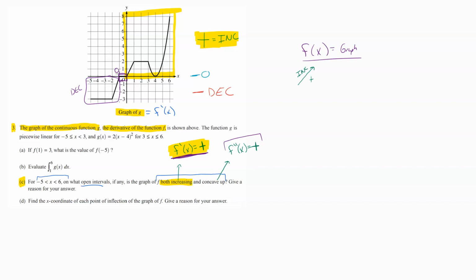Wherever the graph was headed down and going negative, that was decreasing. And whenever it went horizontal, that was a 0 derivative. So you read your derivative off by where the graph was going up or down or horizontal.